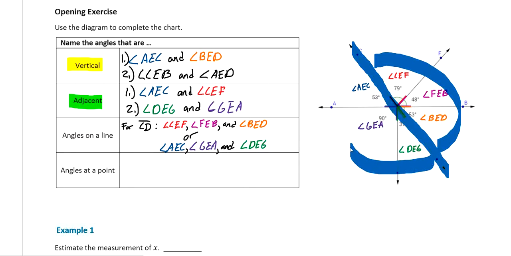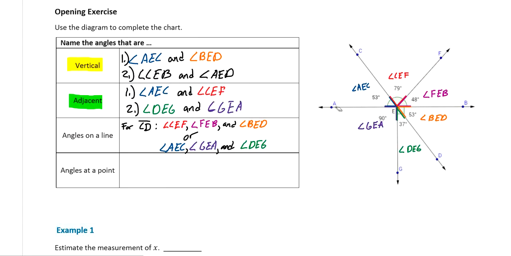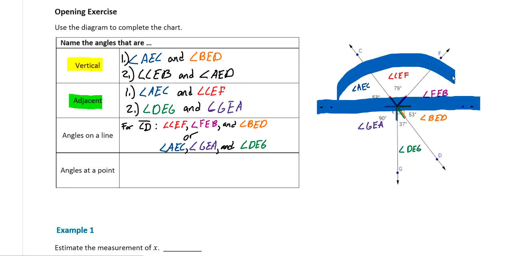We see how these three angles also make up that line. And you could talk about some other lines, doesn't have to be just line CD. You could talk about line AB, in which you would include these three angles as angles on a line.